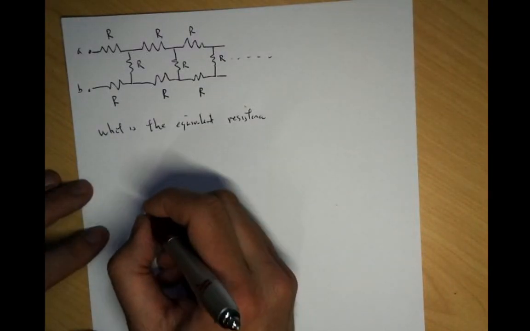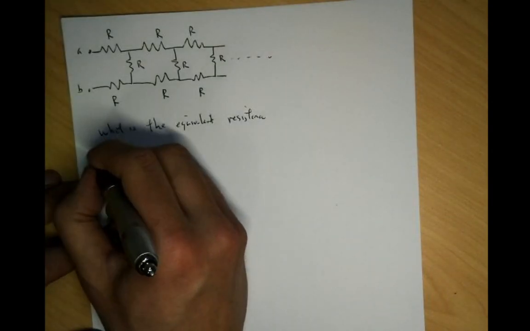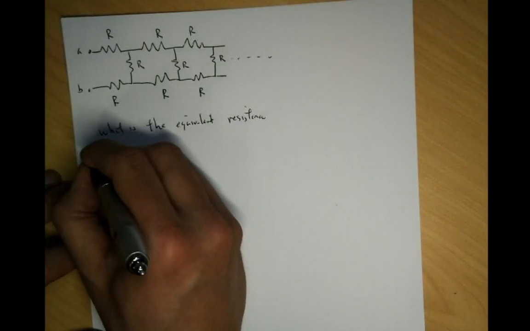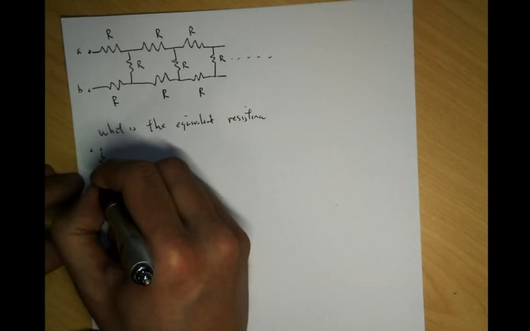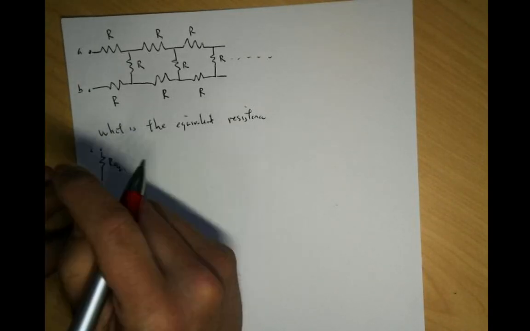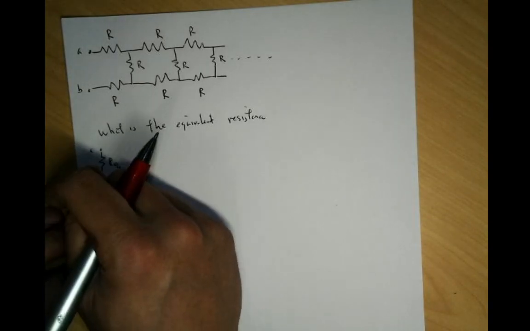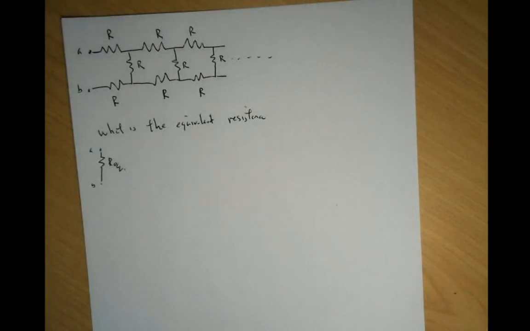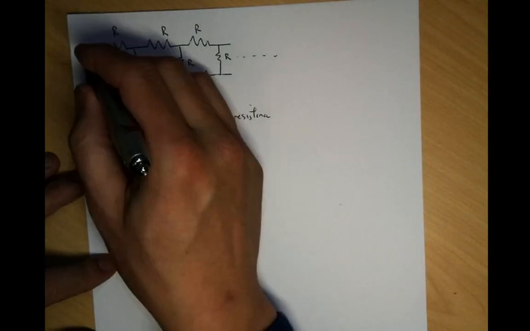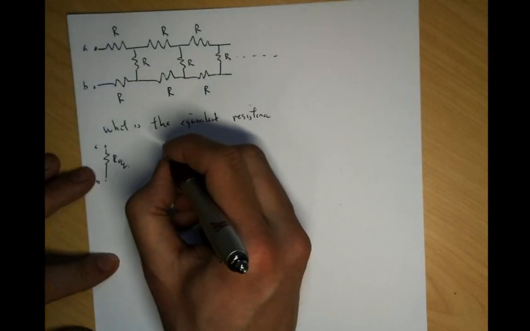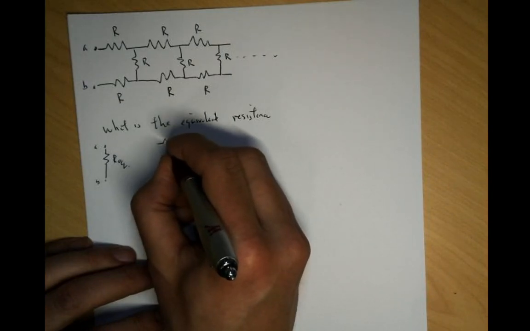Basically I want to find out what R equivalent needs to be between A and B. Okay, so let's just draw a simple one. Let me imagine I look at this first loop here. So I'm going to draw this first loop.